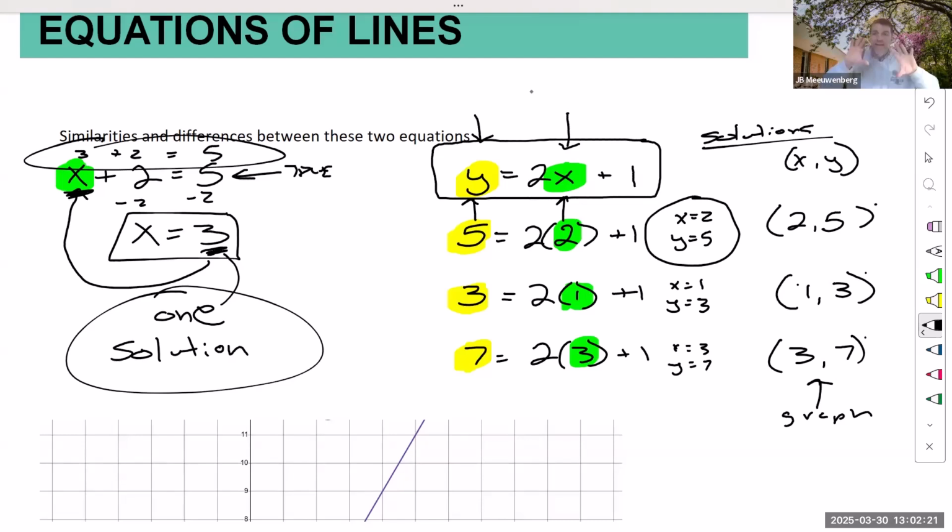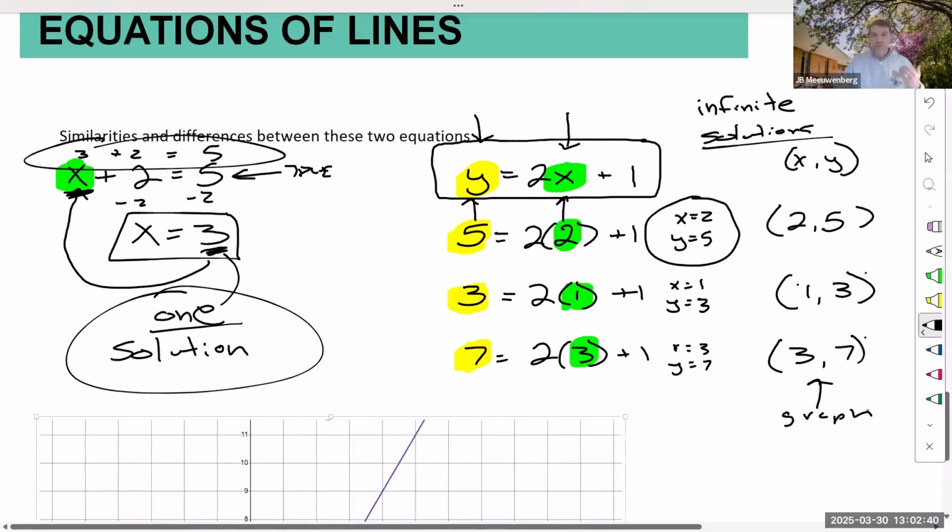That would become then a pair that represents a solution. So this equation had one solution. This equation actually has an infinite number of solutions. You can extend the list of solutions forever.